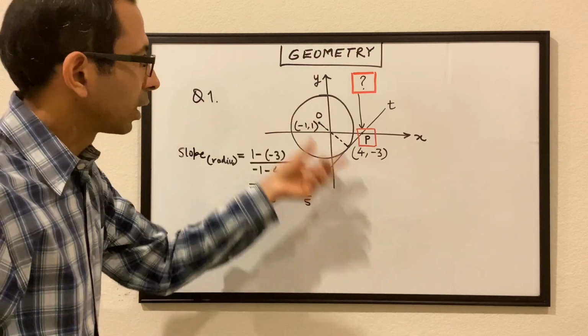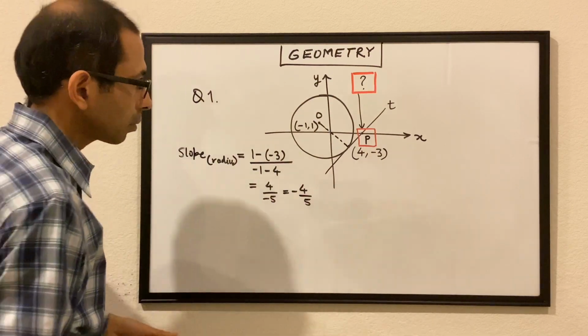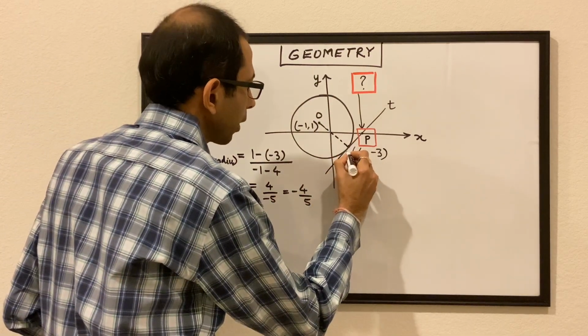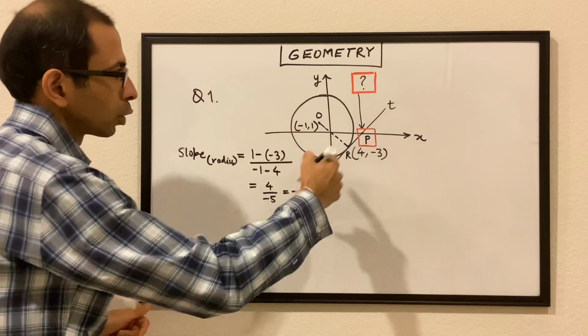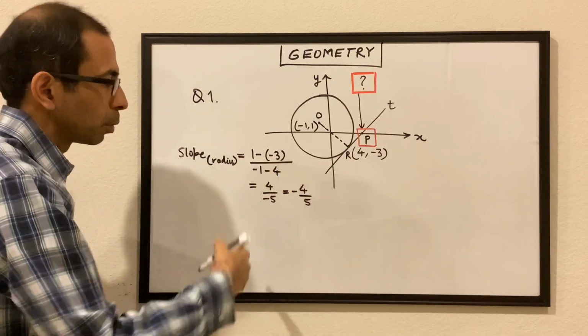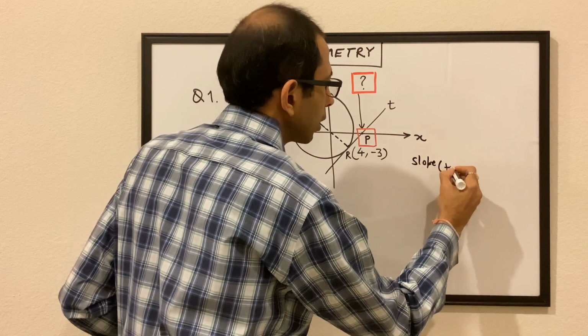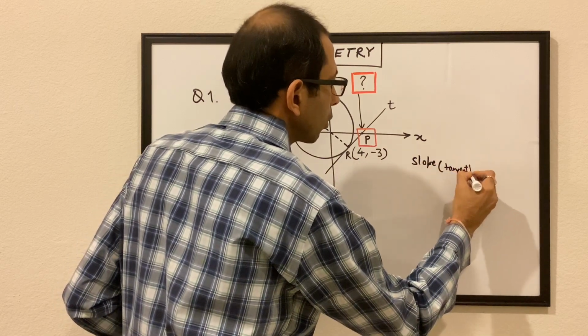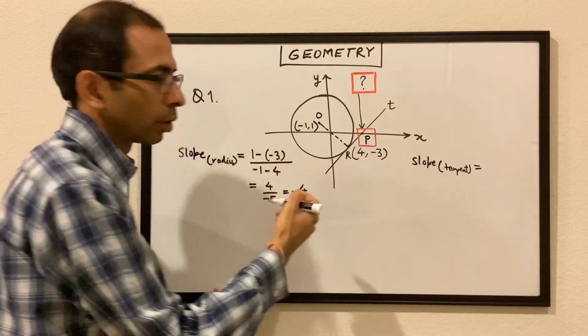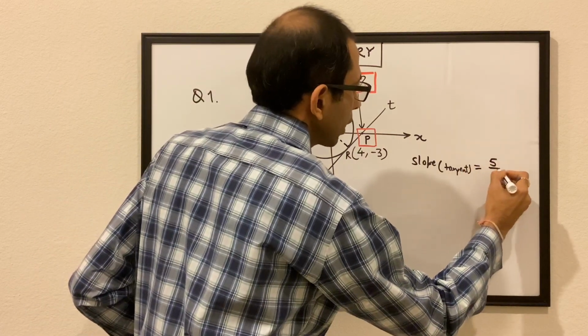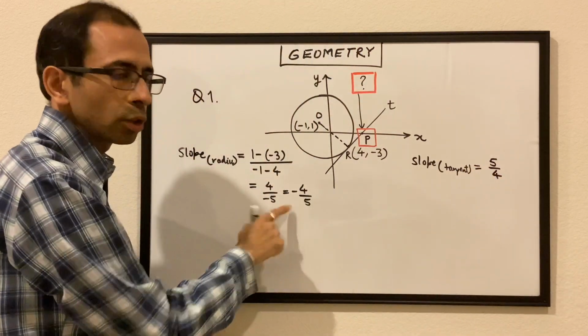So that's the slope of the radius. Let's say this point is R. Okay, so the slope of the tangent would be the negative reciprocal of this. So the slope of the tangent would be 5 over 4, right? The negative reciprocal of this slope.